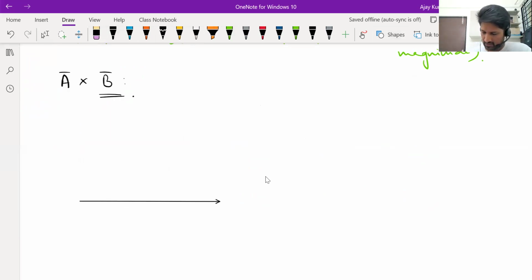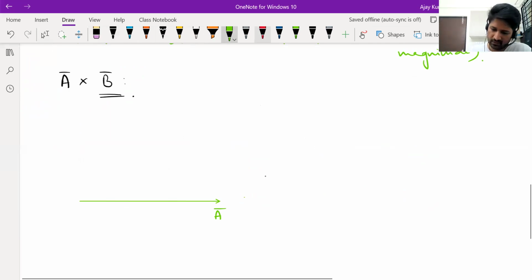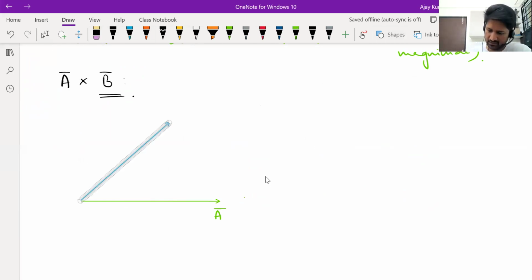Let's say there's one vector A like this. Let's take it in green. Another vector B like this. Now it's not necessary that two vectors will always have their tails at the same position, but you can slide them and bring their tails together. Nothing wrong in that. Okay.